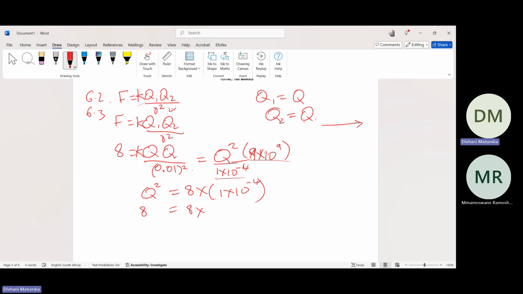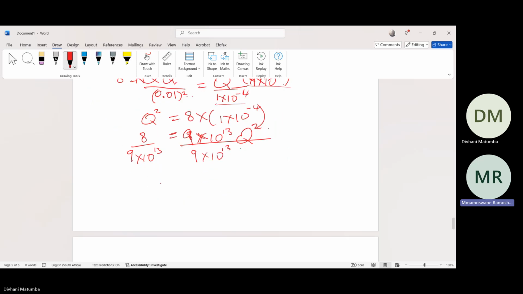Okay, so 8 equals, you said 9 times 10 to the power of 13 Q squared. Then we'll divide by 9 times 10 to the power of 13 on both sides. 8.89 times 10 to the power negative 14.